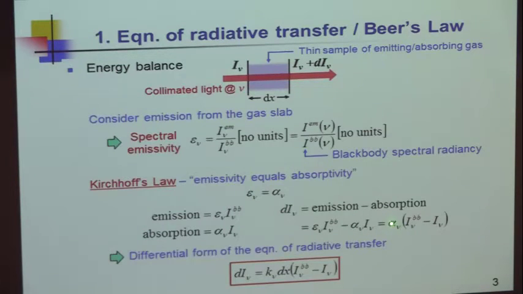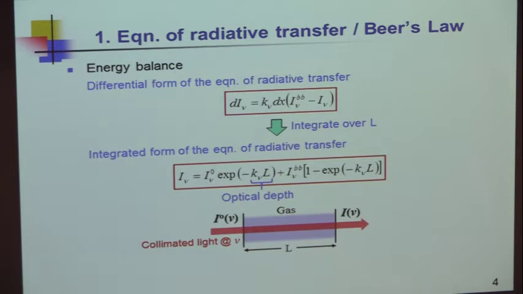Now if you remember that alpha is k nu dx, I now have derived on one slide the so-called differential form of the equation of radiative transfer at frequency nu. So remember now, we're not worrying right here about scattered light from particles or reflectivity. Think of it as a pure gas. Okay, that's the governing equation in one slide.